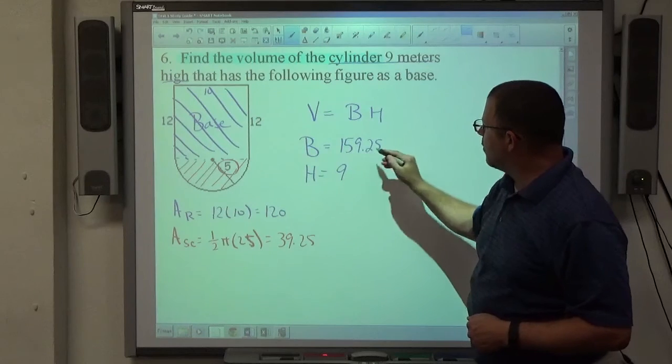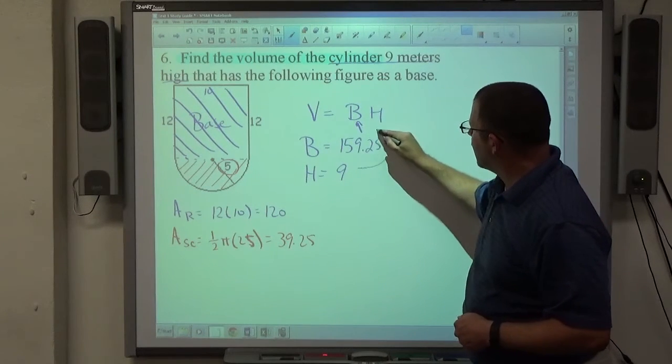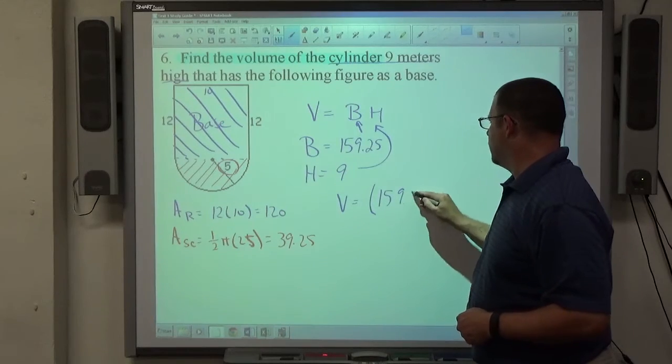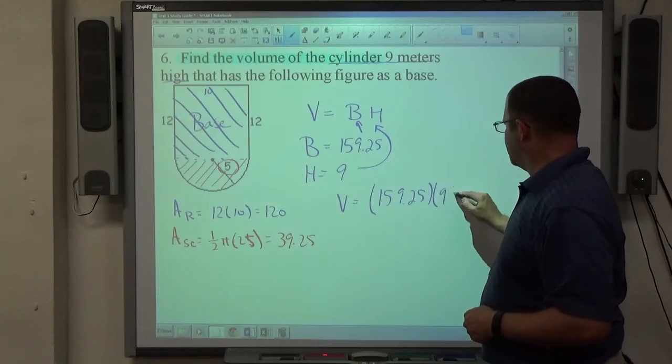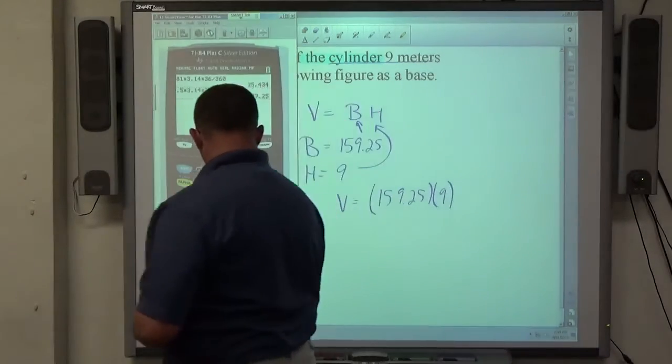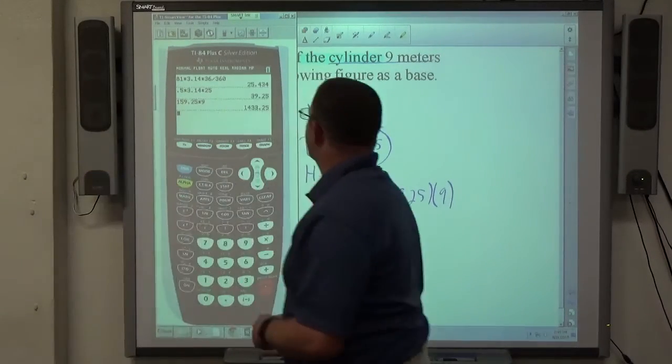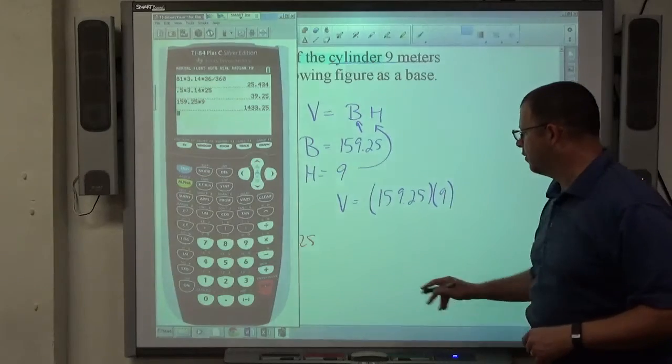Once I know these two numbers, B times H is volume, so volume is going to be 159.25 times 9. And my calculator says that's 1,433.25.